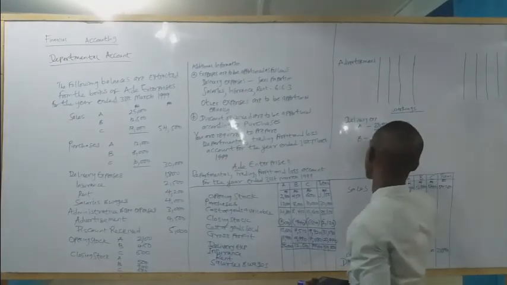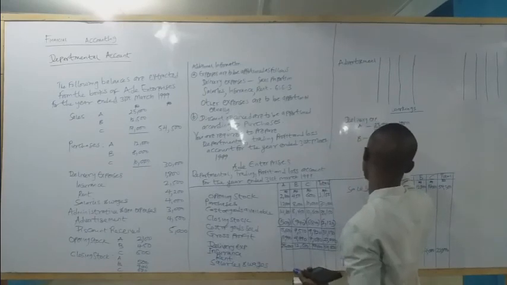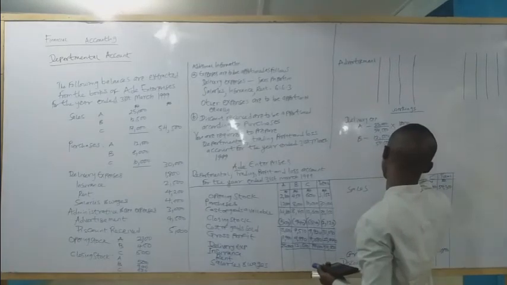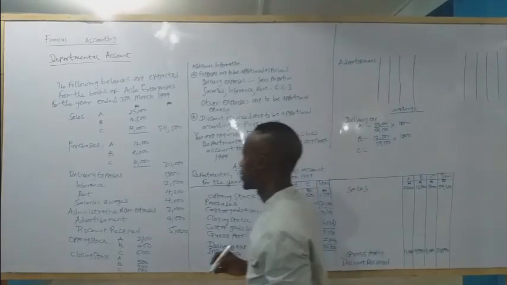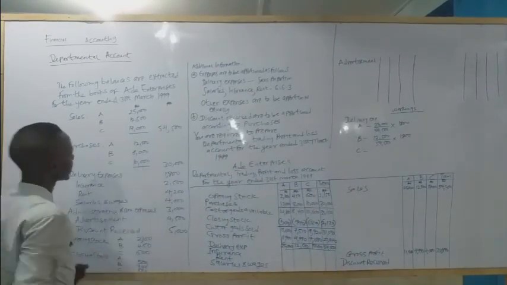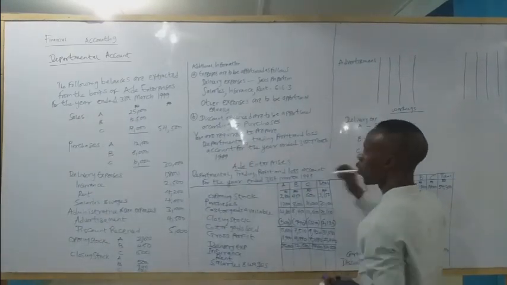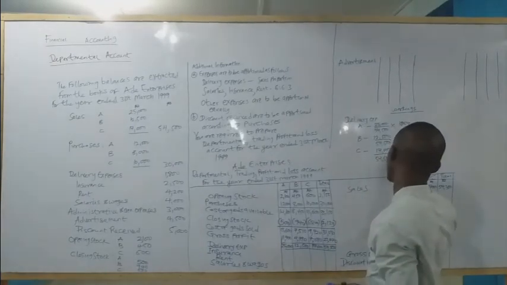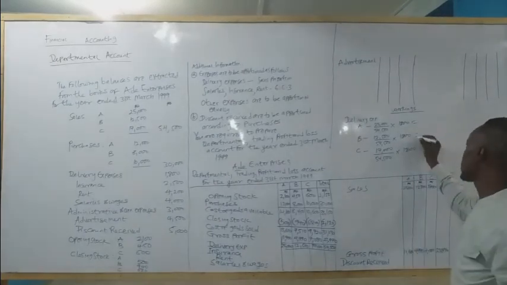Then Department B, it will then be 12,500 over 54,500 times 1,800. Then for Department C, on sales 17,000 over 54,500 times 1,800. So we are going to calculate it and see what we get.